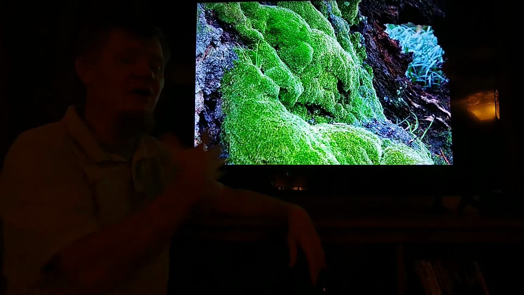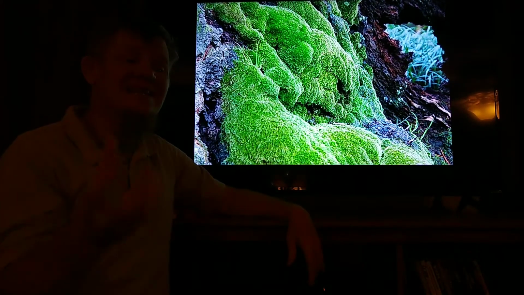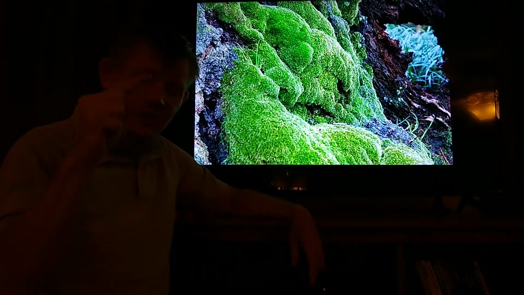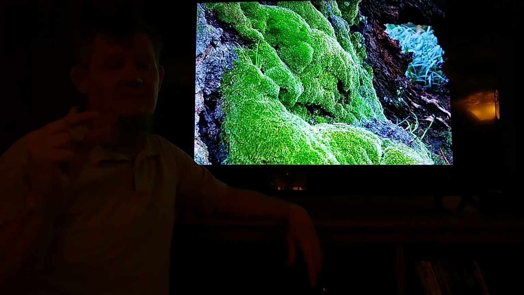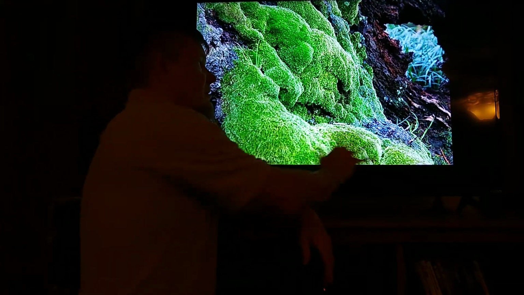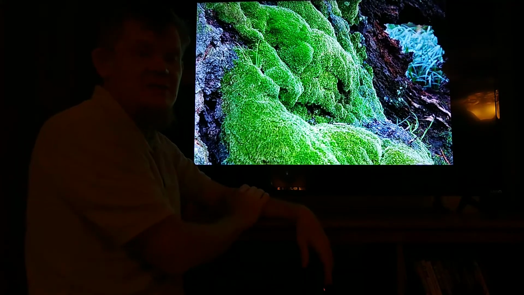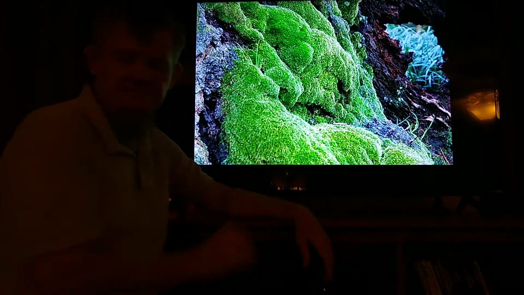This is basically a carpet of thousands of individual little moss plants, and each one looks like a tiny little pine tree. So if I get down on the near microscopic level and look at this bed of moss, I would see a giant forest covered in tiny little trees.